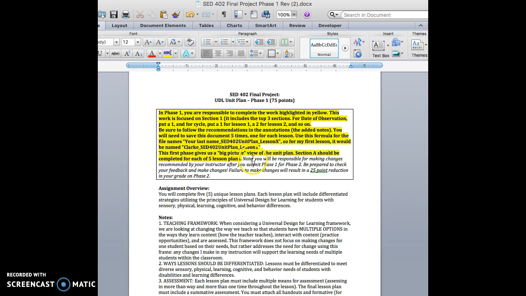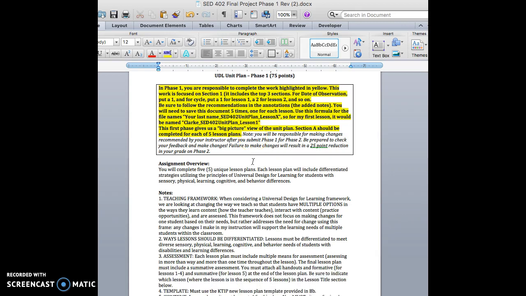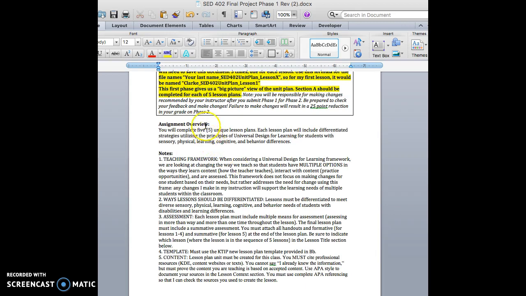And note that this Phase 1 is the big picture that helps us understand the assignment. So just as a reminder of the assignment overview, we're doing 5 unique lessons, and they are focusing on differentiated strategies and UDL. So all the things we've been doing all along in class. And we're also going to be focusing on the different learning needs of students with sensory, physical, learning, cognitive, and behavior differences.